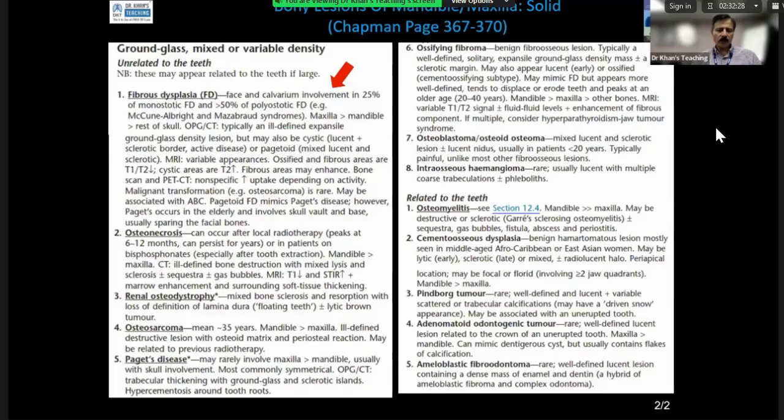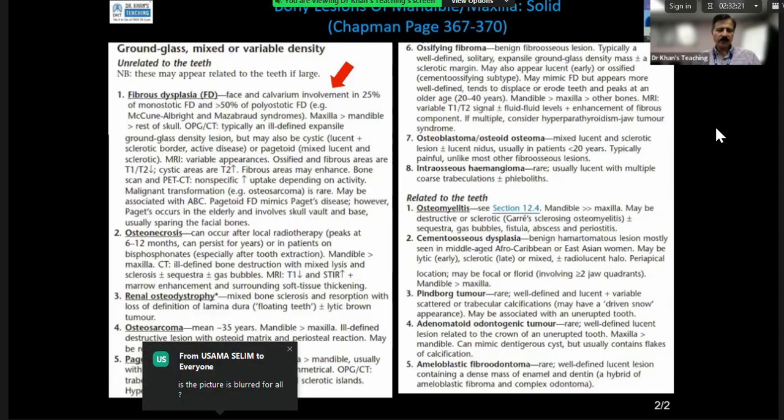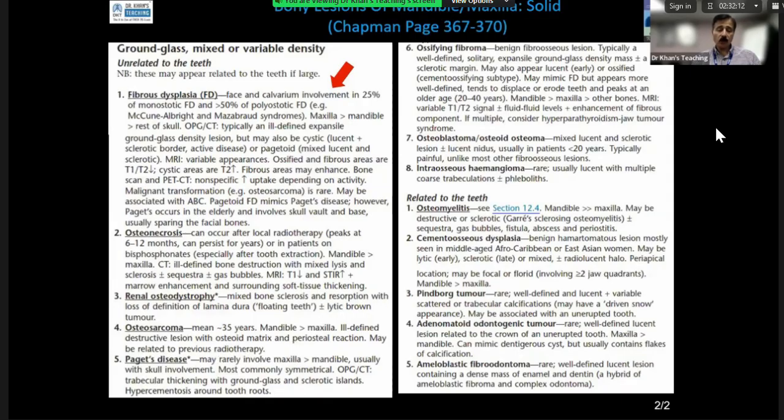The basic pathology is cysts in the bone, and then there is variable ossification, and at a particular time that ossification might give you a ground glass matrix.